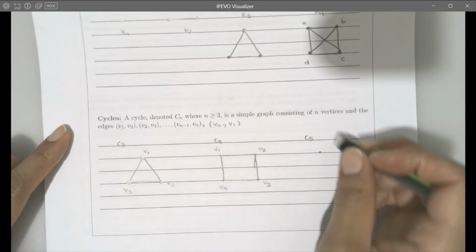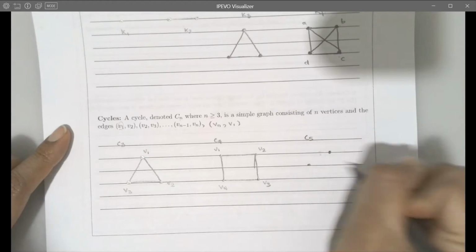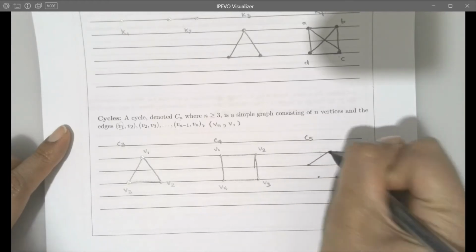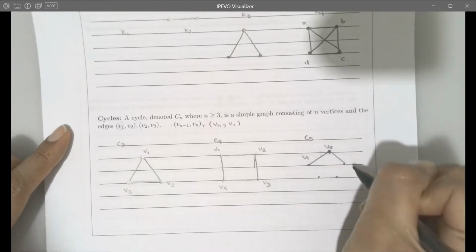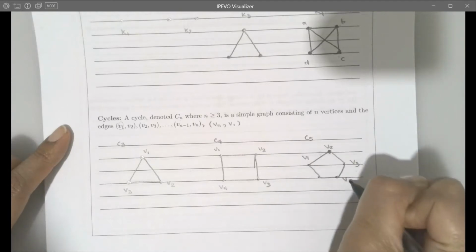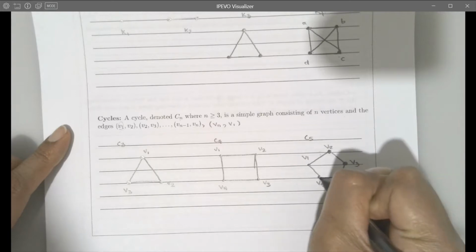If now we're considering 5 nodes, it just means that we're going to have edges that connect two subsequent nodes. So that's a cycle.